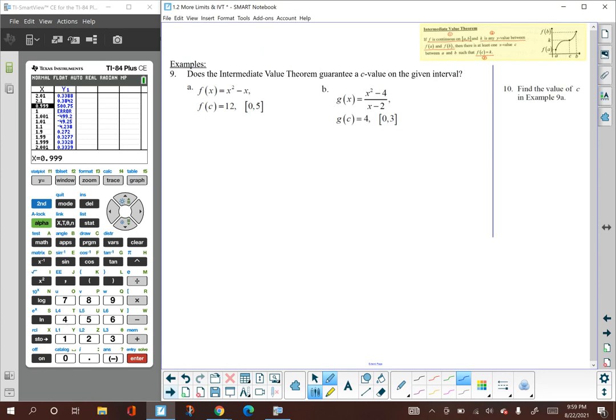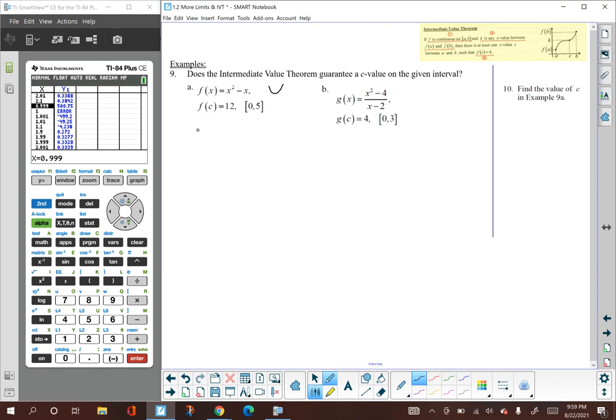Question 9 says, does the intermediate value theorem guarantee a c value on the given interval? So for part A, we have function f of x equals x squared minus x. f of c is 12, and our interval in question is from 0 to 5. Well, first of all, function f is a parabola, and a parabola is continuous everywhere. It's a U-shape.